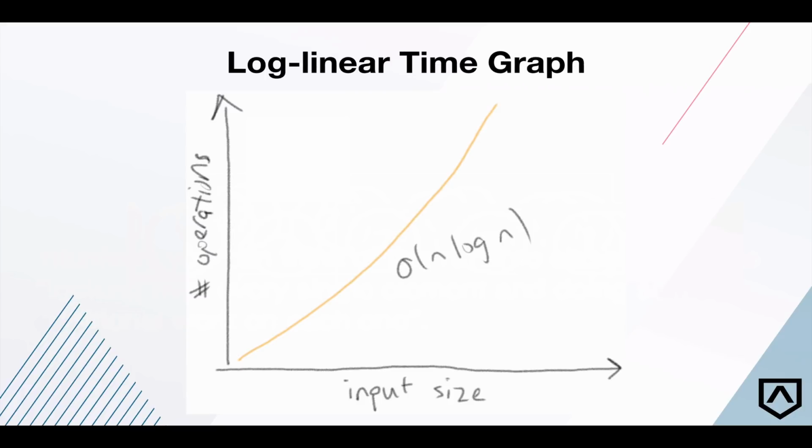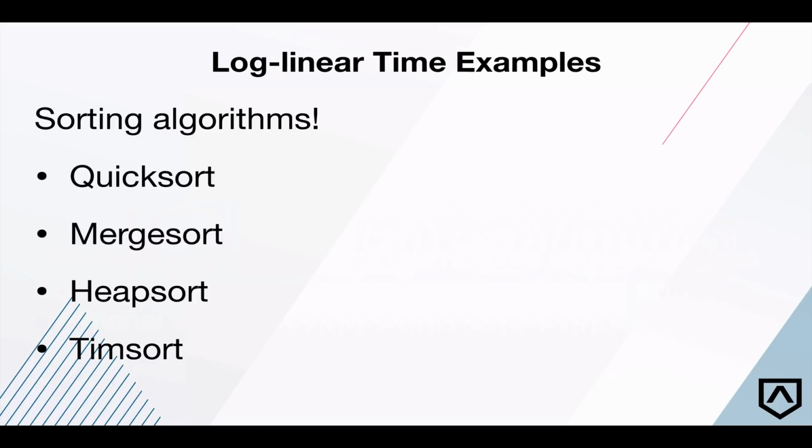As far as the actual graph, this is what it will look like. It is a slightly sloping upward diagonal line. So this is where we finally start to see the number of operations starting to overtake our input size n. And again, as I just said, log linear time is pretty much reserved for being applied to sorting algorithms.